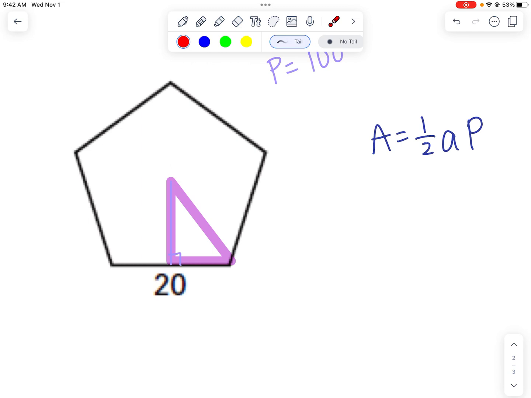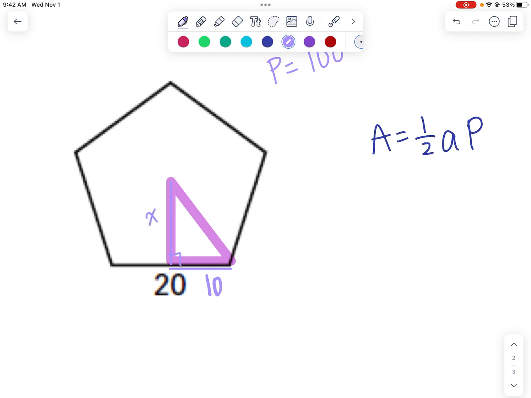And if you think back to Unit 5, there was a way to find a side of a triangle if I only had one side, and that was trig. Remember, if I have an angle and a side, I can find a missing part. All I needed was an angle and a side. So in this mini triangle, I know that this piece right here would be 10 because it would be half of 20.